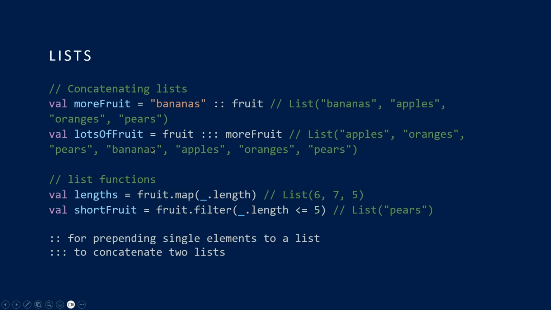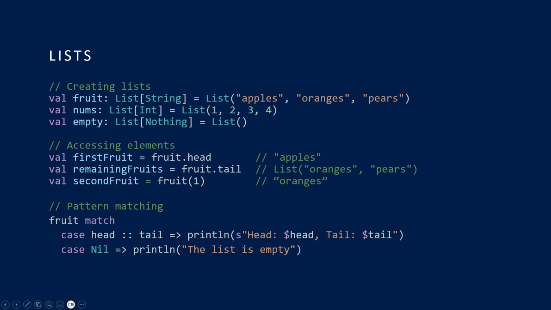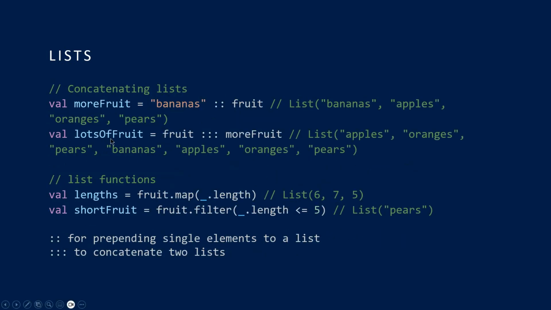We got lots of fruit, which is our original list fruit, and then the list. So fruit was on the previous page, if you're wondering. Yeah, there we go, we've borrowed from the previous page. Lots of fruit we defined, more fruit we defined up here as being our original fruit list plus bananas. And so we end up with this: apples, oranges, pears, bananas, apples, oranges, pears.